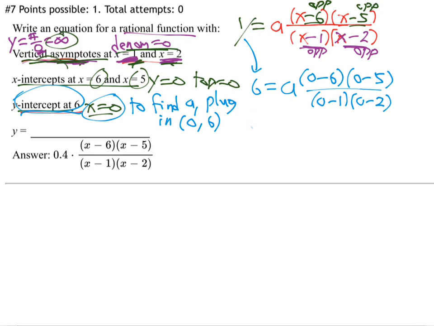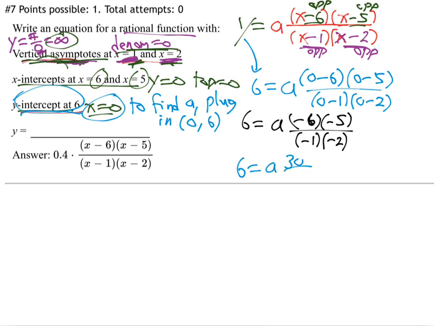That's A times negative 6 times negative 5 over negative 1 times negative 2. And that comes out to be 6 times 5 is 30 over 2. And that's A times 15. 30 divided by 2 is 15.